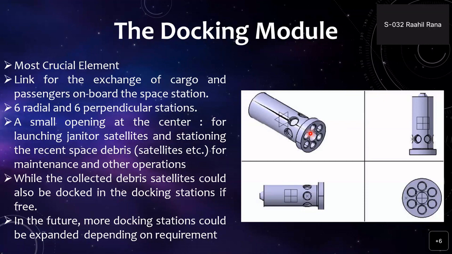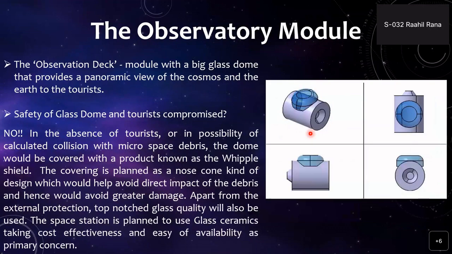This serves as a two-way factor of debris management and docking of many space stations or satellites. As we said, our space station is expandable, and hence these docking modules could be added easily as per the requirements of future generations.